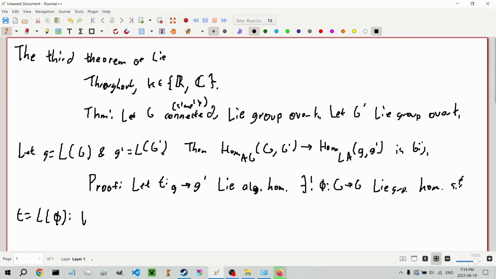So, we know T extends uniquely to a local homomorphism F from G to G prime, which should be phi as well, of course.